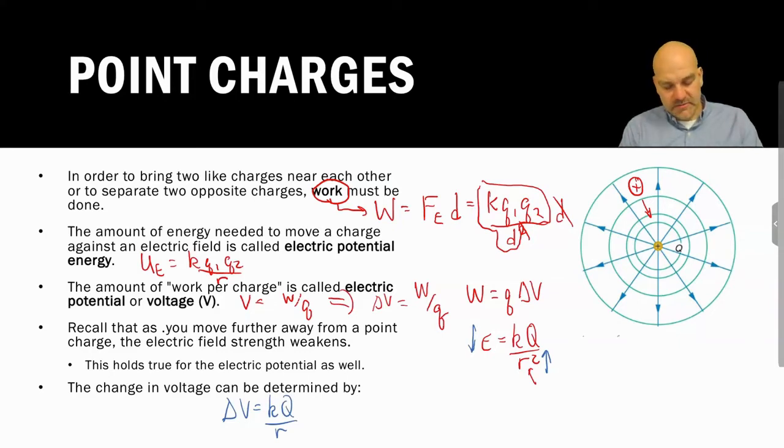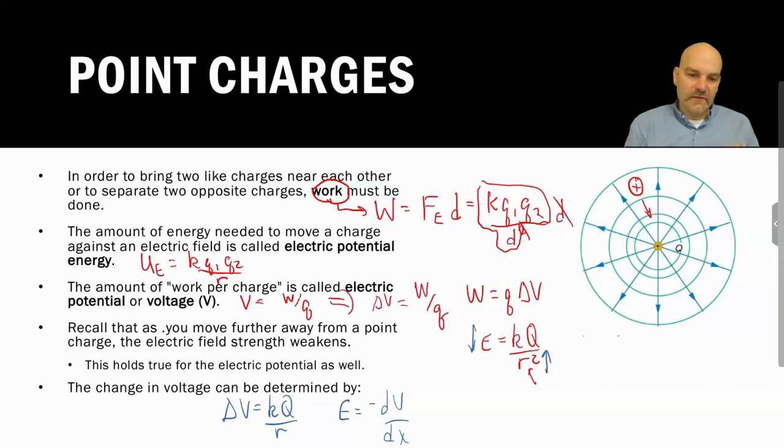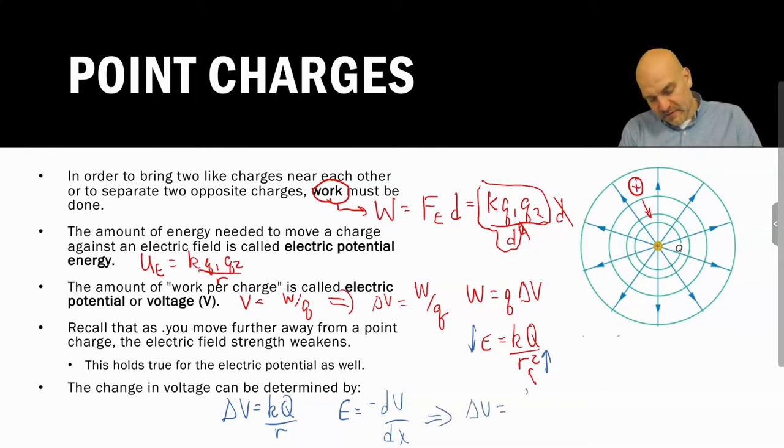And there is a mathematical relationship between E and delta V. E is negative dV dx, or dV dr, dV dd, whatever symbol you're using, which means then also delta V is equal to the negative integral of E dx.